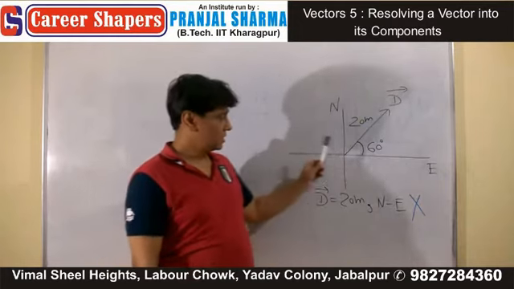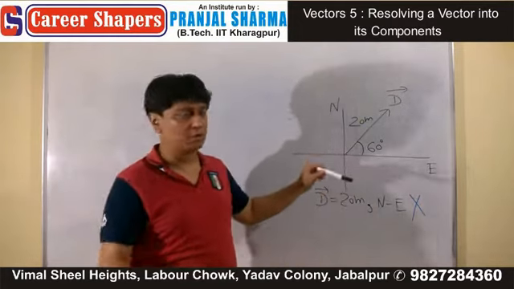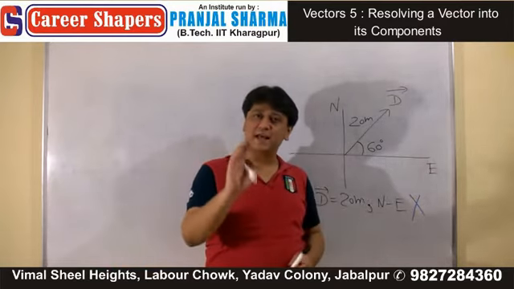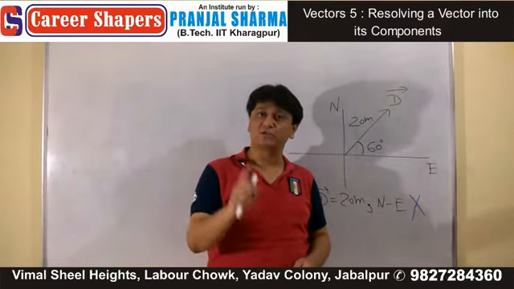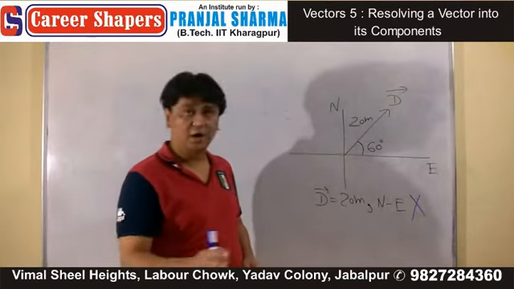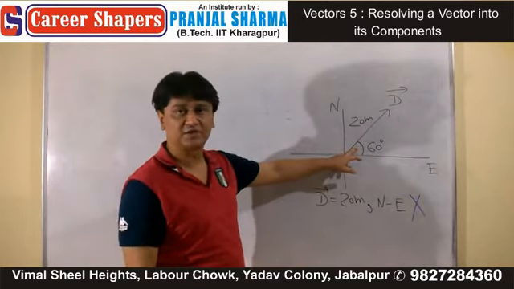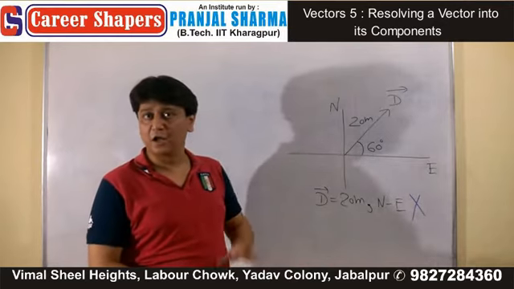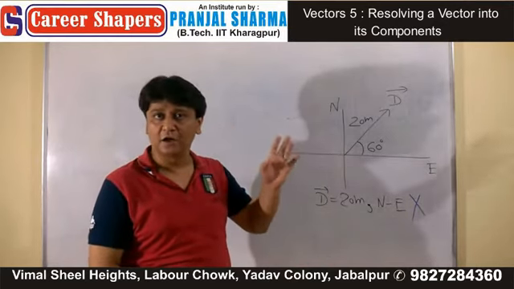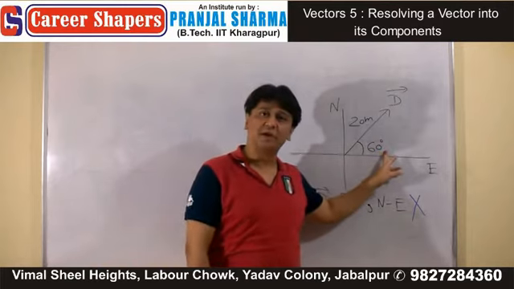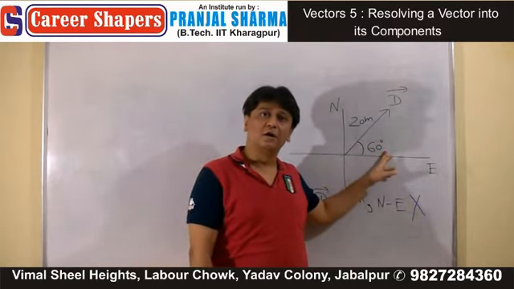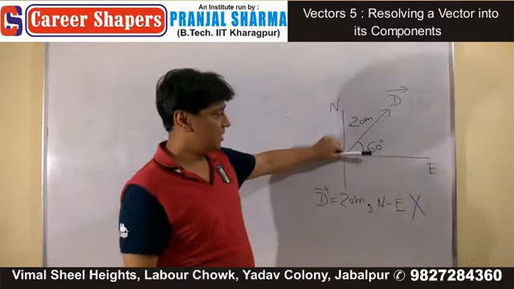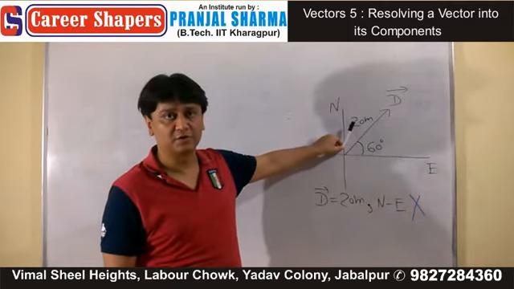First, try to understand it and then you will write the whole thing. Northeast means exactly between north and east, that is 45 degrees. But if you have something like 60 degrees, then we say that at an angle of 60 degrees from east.